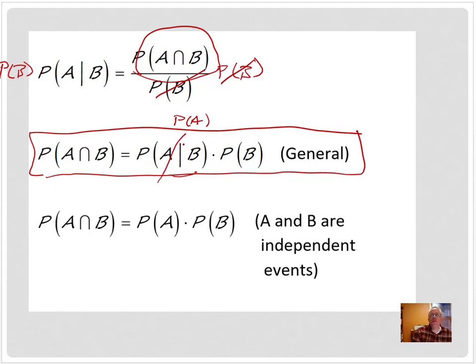So if events A and B are independent, then it just becomes probability of A intersect B equals the probability of A times the probability of B. This is kind of abstract, but we're going to do some really practical examples to illustrate that. This is why independence is important. If a sequence of events are independent, then we can just multiply their probabilities.